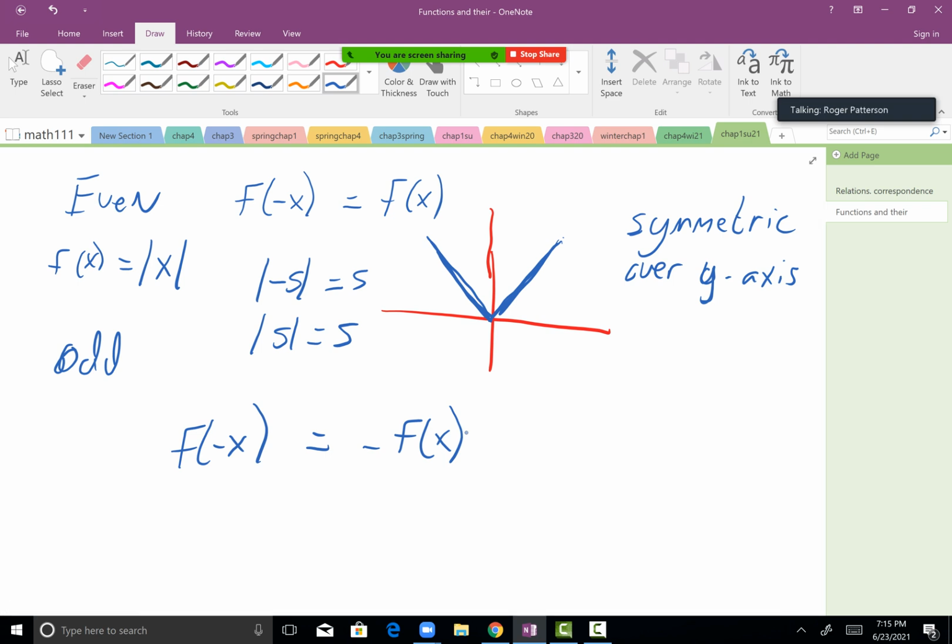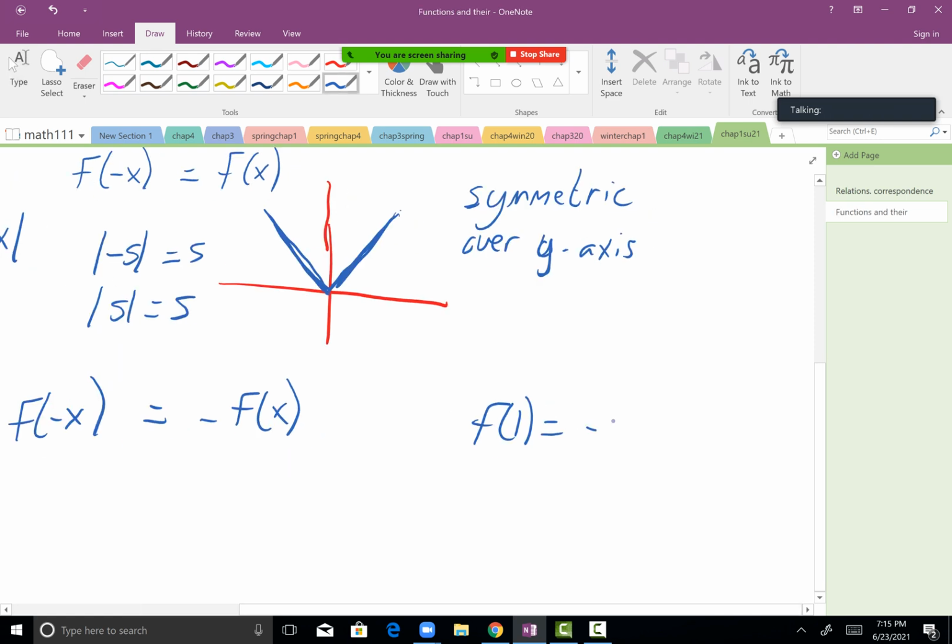So if I take, say, f of 1, and then f of negative 1, the f of negative 1 is just going to be the opposite of f of 1. That's basically what it's saying there.